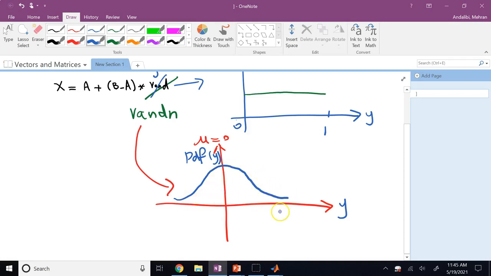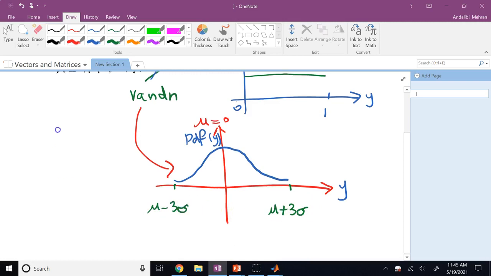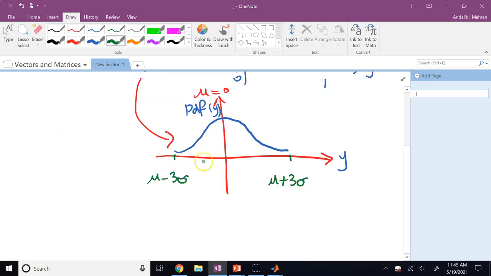Now, how far is this going? It's about 3 to 4 standard deviations. So this is like mu plus 3 sigma, and this is about mu minus 3 sigma. Between these two numbers, you have 99% chance for the number to appear. These tails will go to 0 at infinity, but we never work with infinity. The 99.9% chance happens at 3 or 4 standard deviations, and this standard deviation for randn is 1.